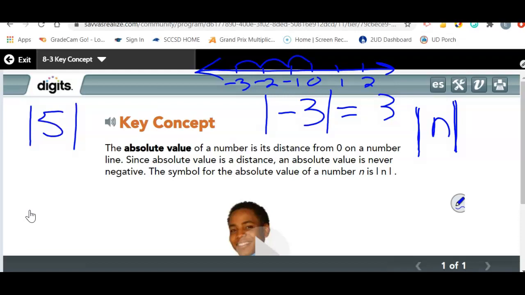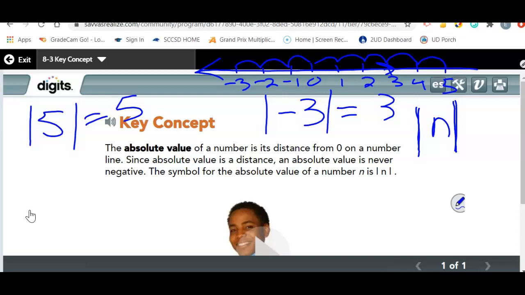Good. The absolute value of 5. What is the answer to the absolute value of 5? Maddie? It is 5. If we kept this going, this is 3, 4, 5. It is 1, 2, 3, 4, 5 units away.